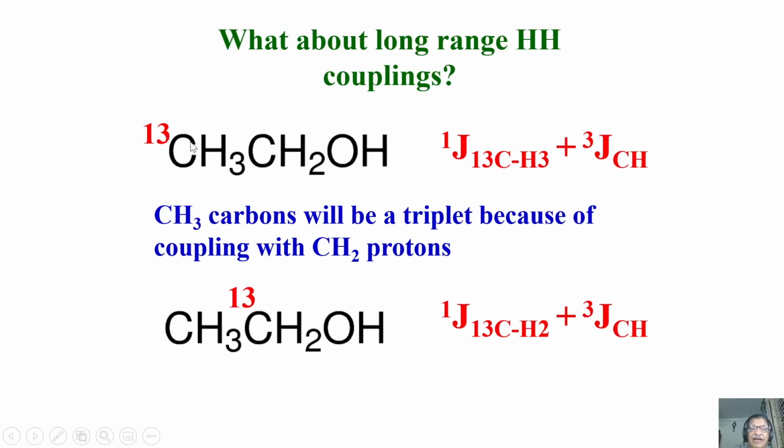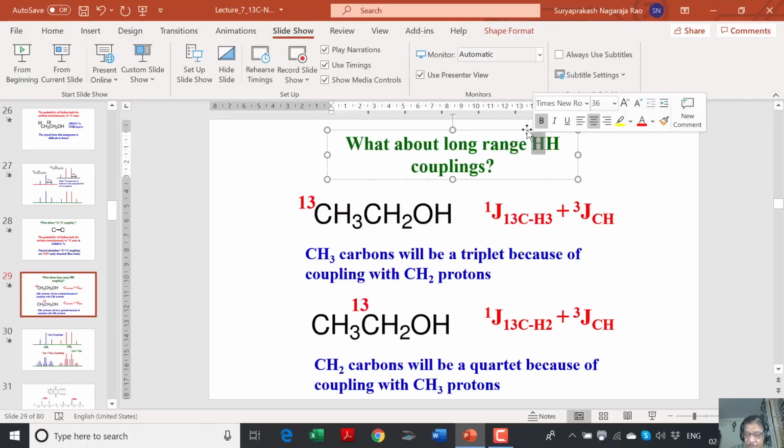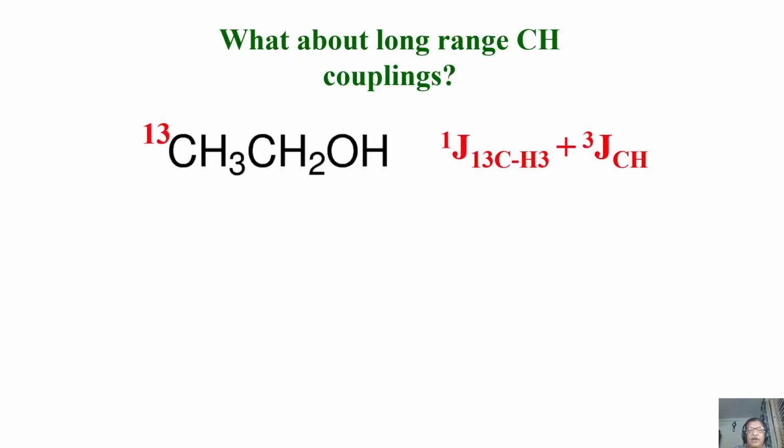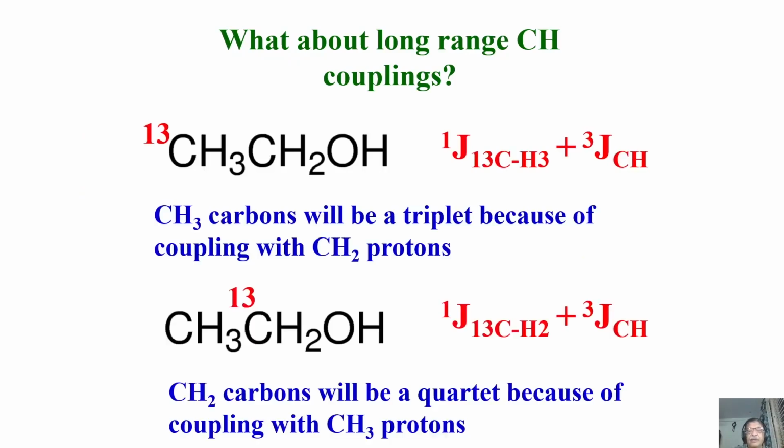Earlier I said we were seeing only a quartet, but I'm now bringing in the long range CH couplings, which are also getting reflected here. Fine. Now CH2 protons will be a quartet because of this coupling, and CH2 carbons will be a triplet because of this, and also because of CH3 protons it is going to be an additional quartet.